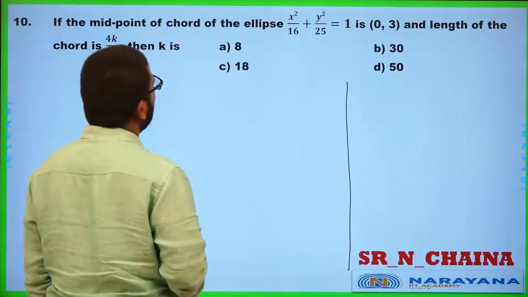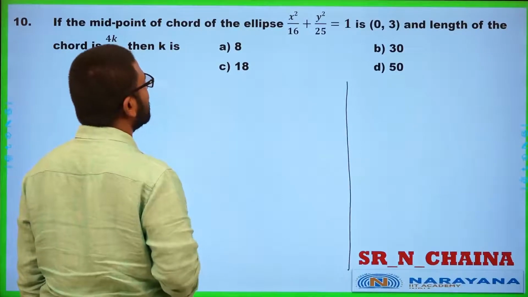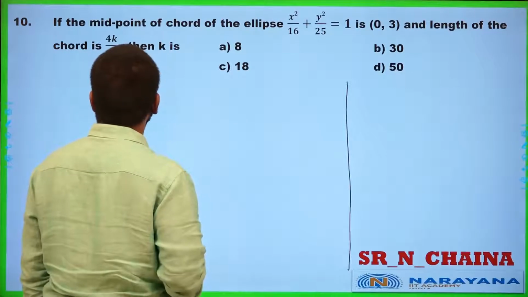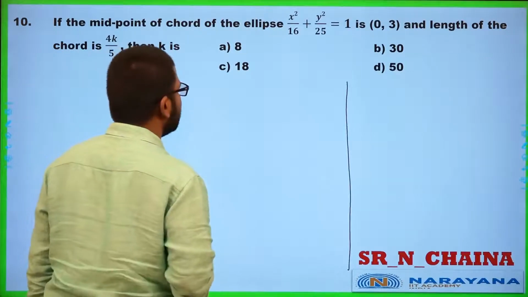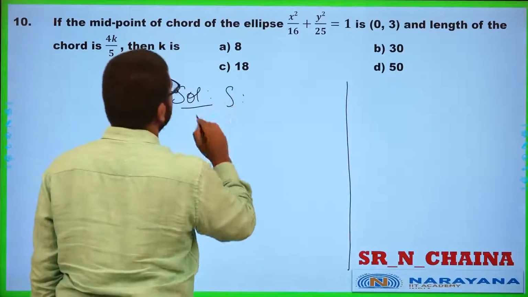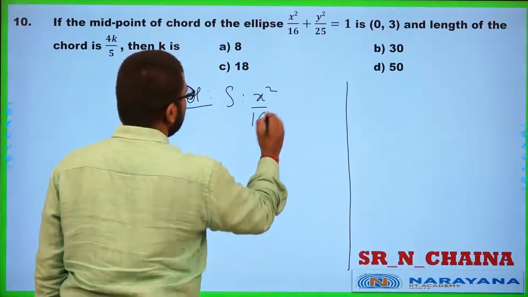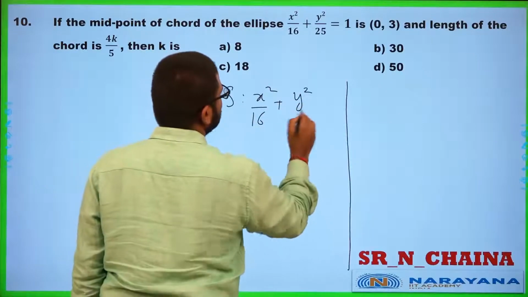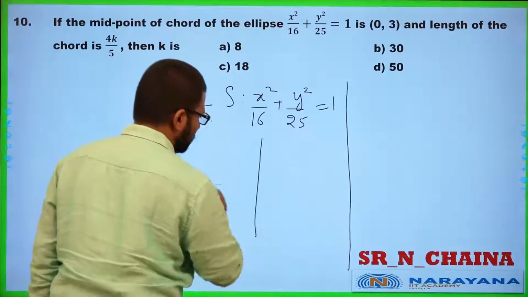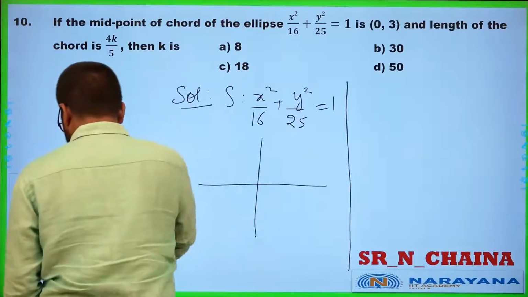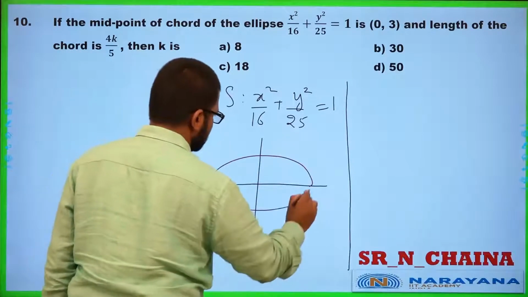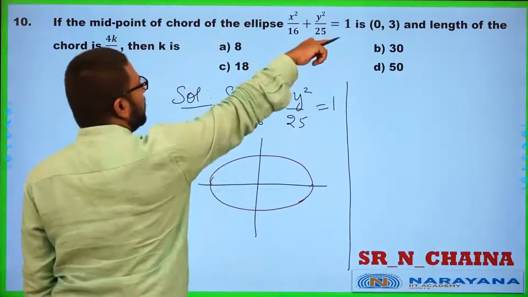If the midpoint of the chord of the ellipse x square by 16 plus y square by 25 equal to 1 is (0, 3) and the length of the chord is 4k by 5, then what is the value of k? Alright, so once again we have a standard ellipse, and for this ellipse the midpoint of a chord is given, which is (0, 3).